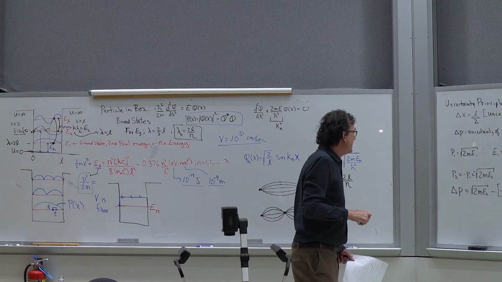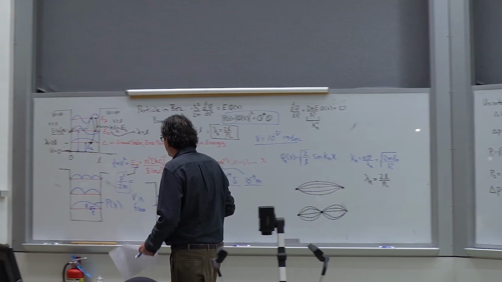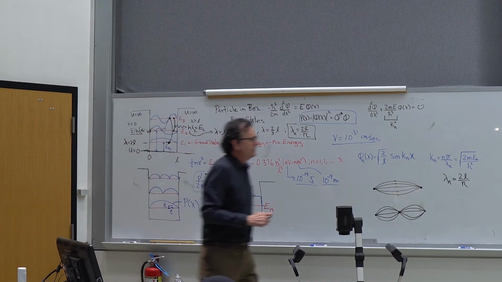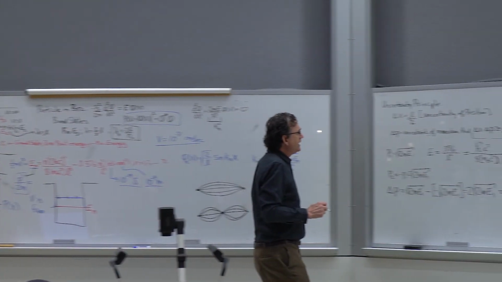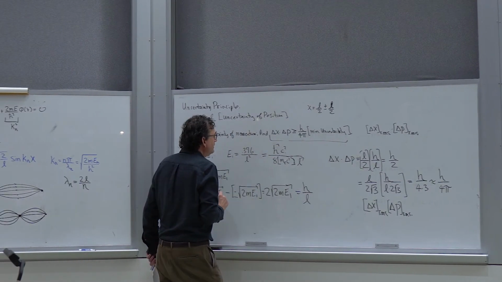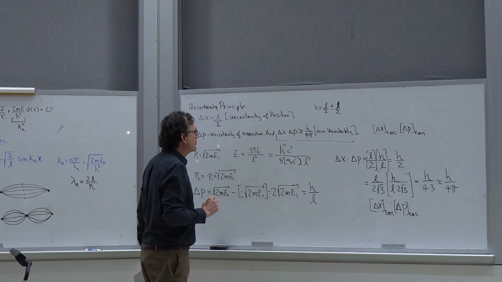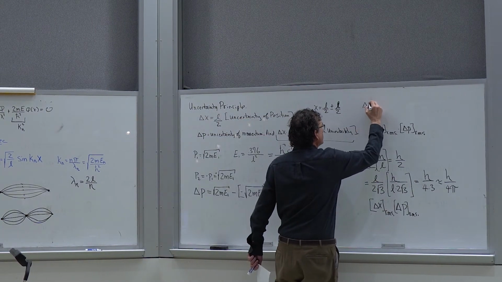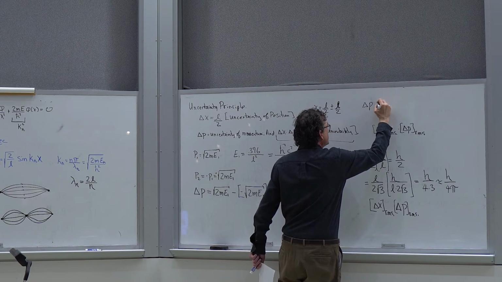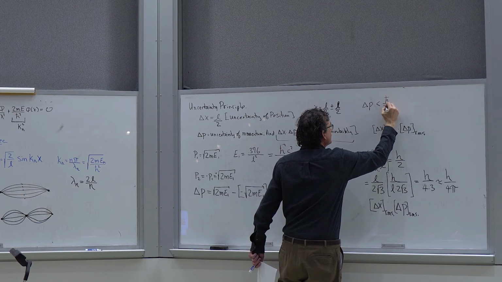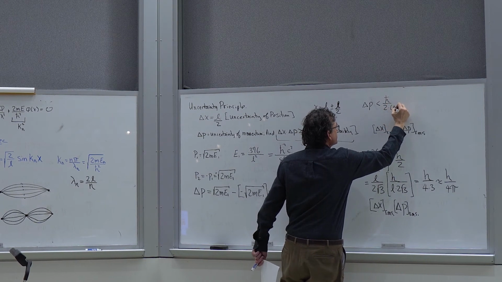This is one of the key statements of the Heisenberg uncertainty principle. Another way of saying this is that momentum conservation can and will be violated by an amount delta p, as long as delta p is less than h bar over 2 times delta x.